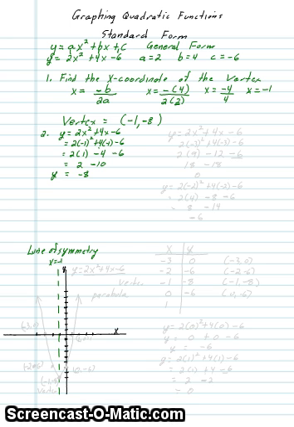The line of symmetry is the x value of the vertex. So right down here, 1, 2, 3, 4, 5, 6, 7, 8, that point right there is negative 1, negative 8. That's the vertex.